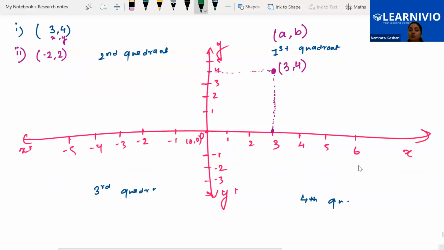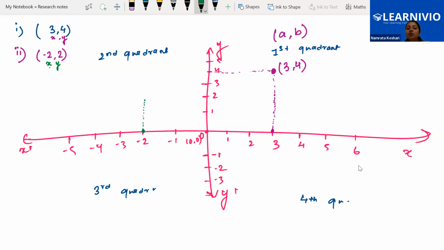Write it: x is -2, y is 2. X is -2. We can see -2 is here. Now we will make a dotted line, which will go either up or down. Y is +2, so definitely it will go up. We need to stop where we see y is 2.